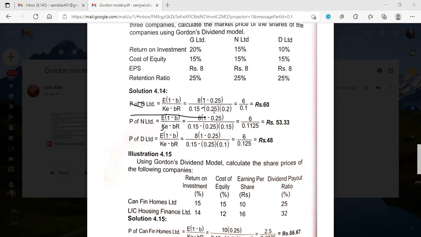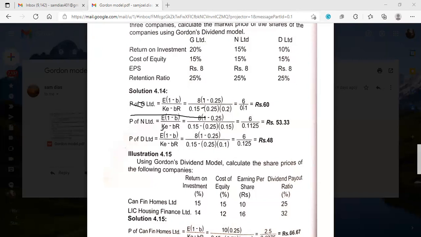0.1 we will get. That means in the denominator, whatever is written here in the material is the same. There are no changes. The only change is in the numerator, especially with the retention ratio and dividend payout ratio. Since 25% is the retention ratio, 75% would be the dividend payout ratio, and 1 minus B must be the dividend payout ratio.